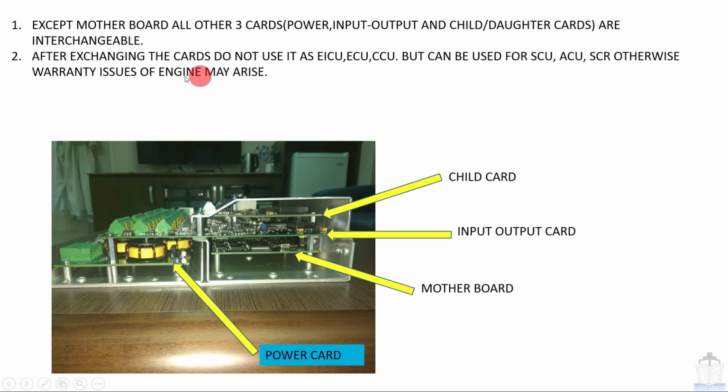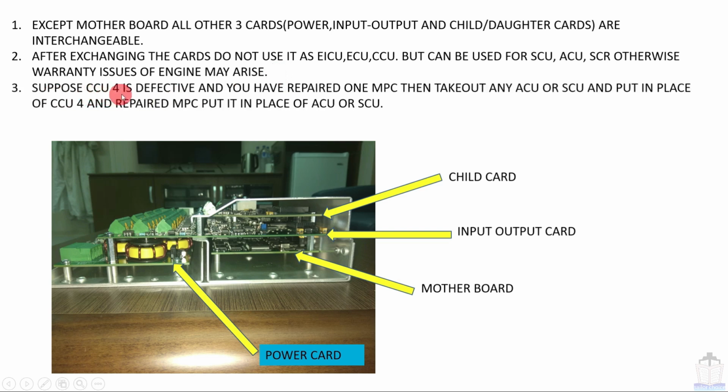Okay. Now we will see this with an example. Suppose CCU 4 is defective and you have repaired one MPC, then take out any SCU and put it in place of CCU 4. That means they are good MPCs, SCU, CCU, which are already working. So you have to put them in place of CCU 4, and the repaired MPC you put in place of the removed SCU.